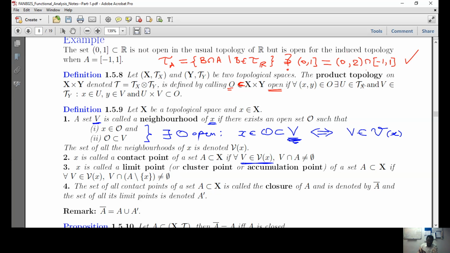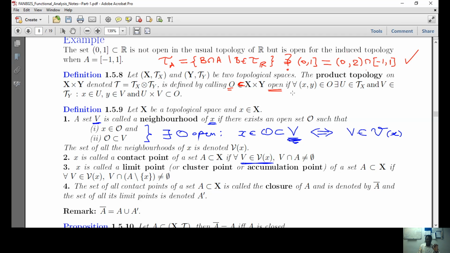We can find an open set in X, that is an element of Tx, and an open set in Ty, such that U, the open set of Tx, contains X, and V, the open set of Ty, contains Y, and the Cartesian product of U and V is contained in O. In other words, O is an open set if and only if it's the neighborhood of any of its points.